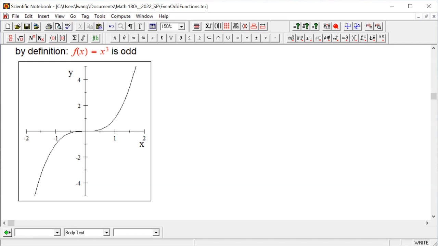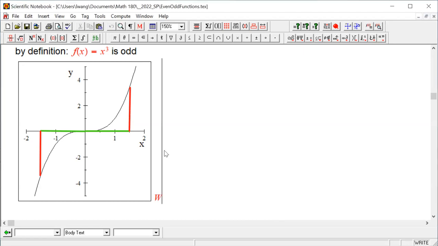When inputs are opposite, you see the two inputs are opposite, their respective outputs are opposite as well. Inputs are opposite, outputs are opposite as well.